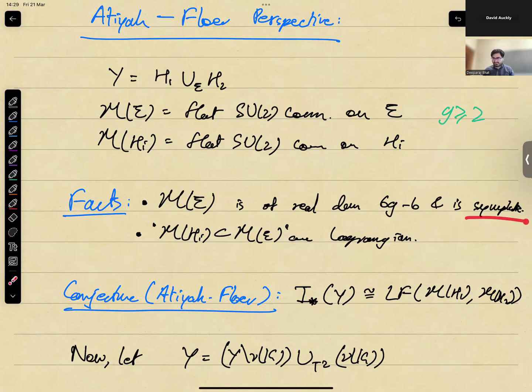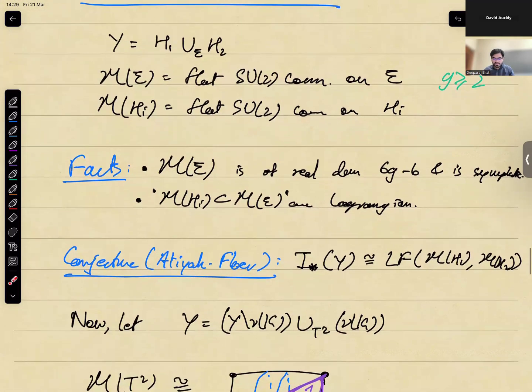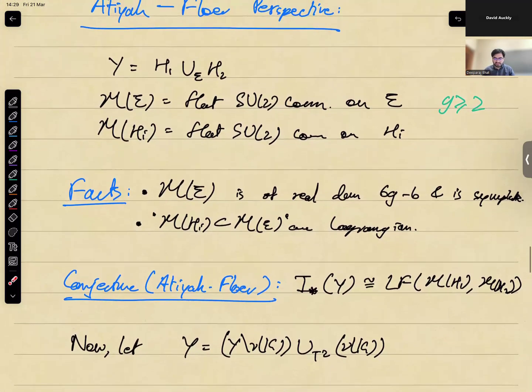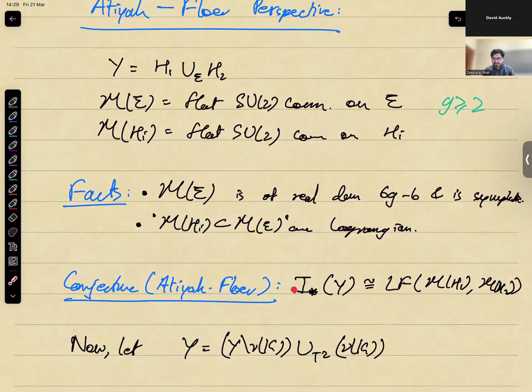And it is symplectic on its smooth locus. The handlebodies give you Lagrangian immersions in this symplectic manifold. Under this assumption, the Atiyah-Floer conjecture states that a flavor of instanton homology is isomorphic to Lagrangian Floer homology of these two Lagrangians inside your symplectic manifold.